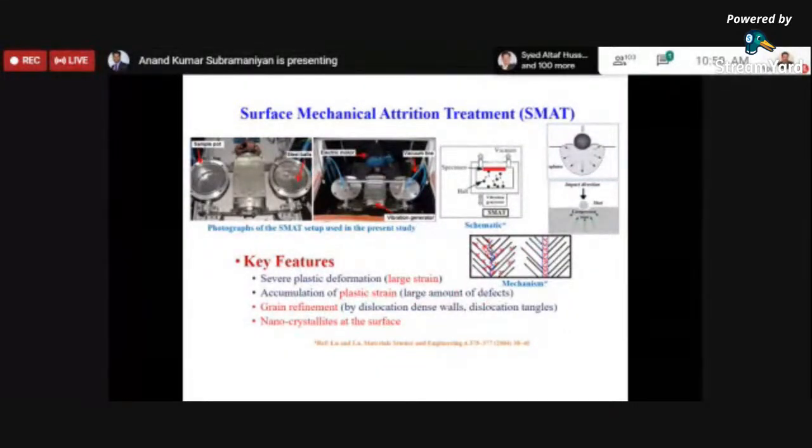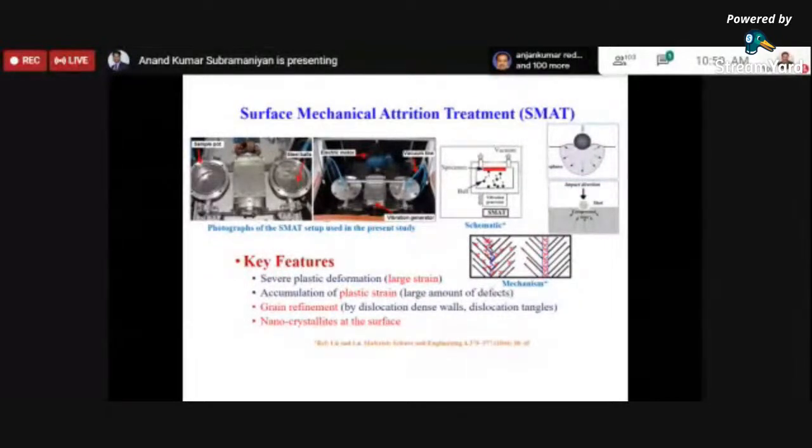For example, you can see that before performing this treatment, defects like dislocations will be randomly located in a grain, and then the moment accumulation of this large amount of defects happens, they start forming a boundary. They come together and then form a boundary.